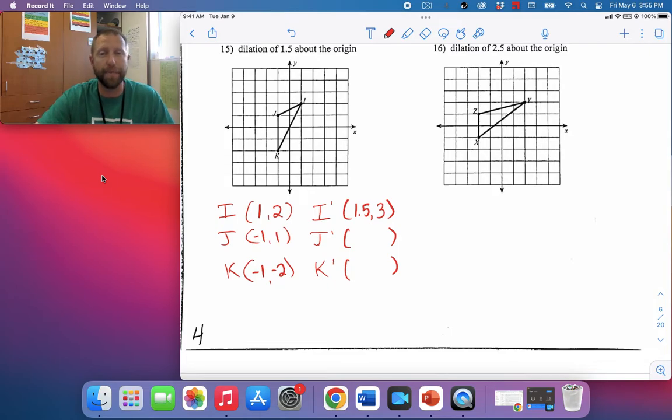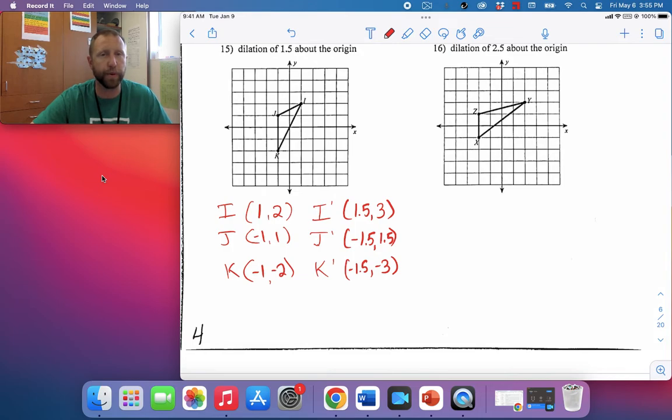For J prime, -1 times 1.5 is -1.5, and 1 times 1.5 is 1.5. And for K prime, -1 times 1.5 is -1.5, just like J prime, and then -2 times 1.5 is -3.